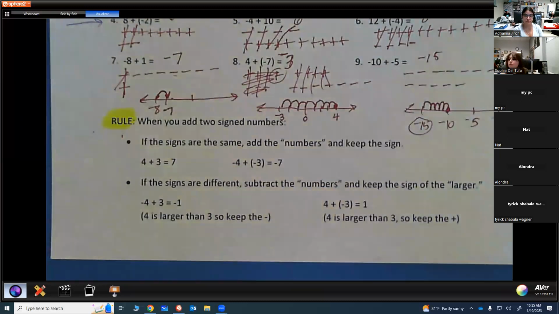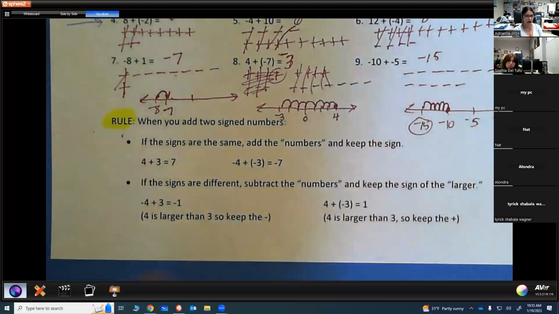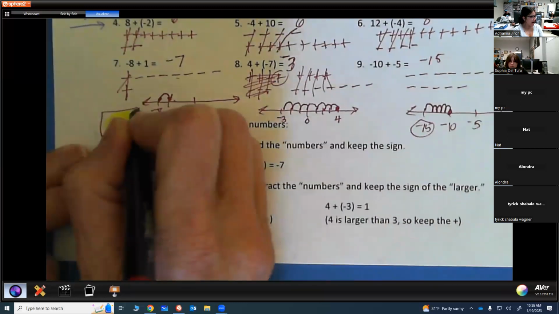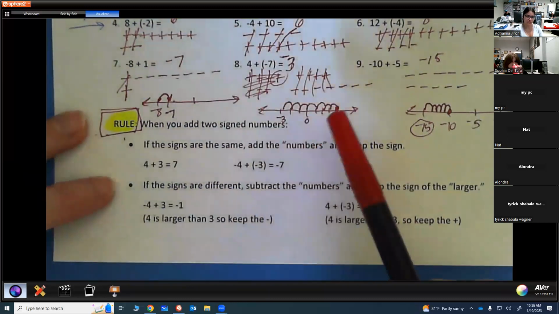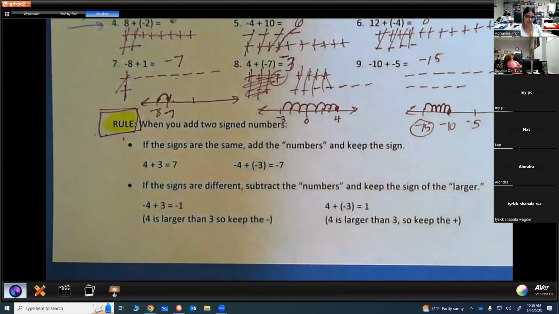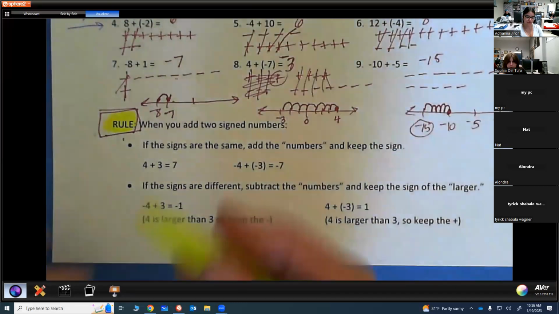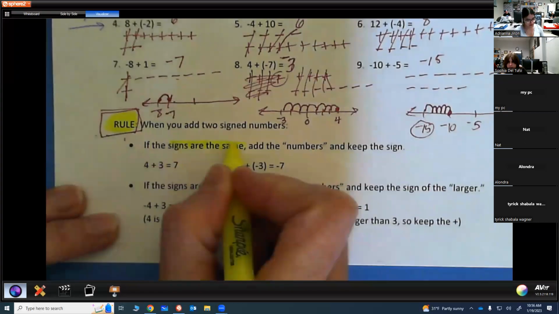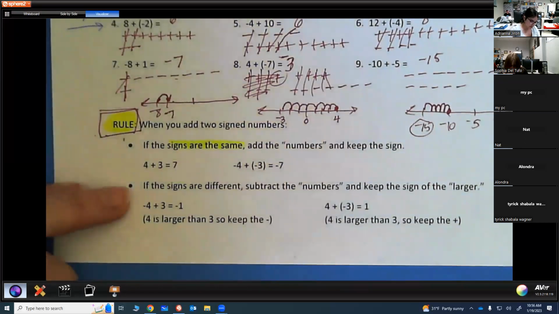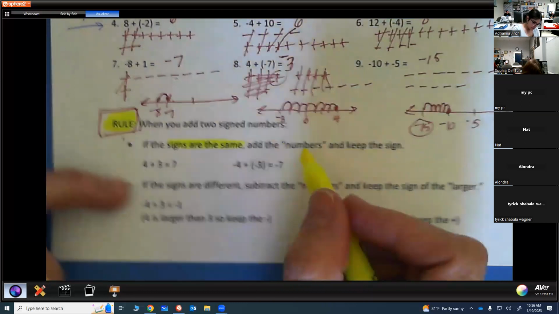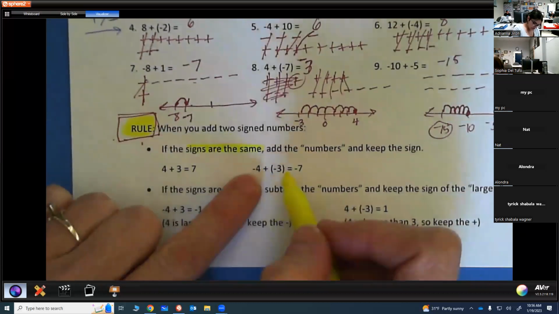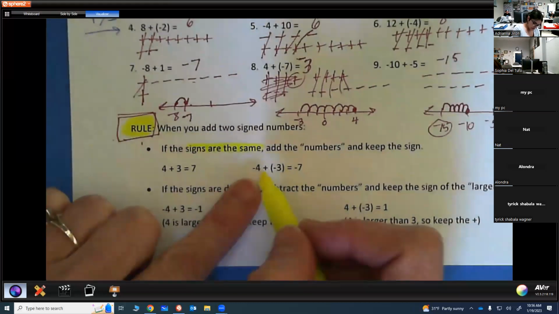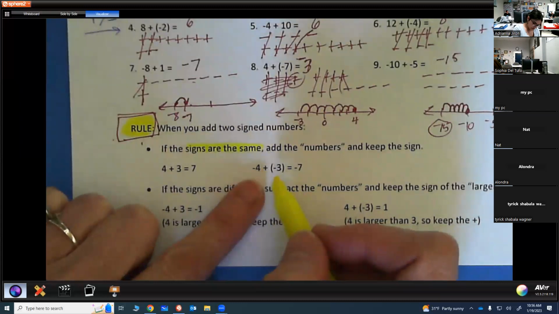So now we can talk about what's the rule. Okay, and this is just for adding. You may have started to notice this in the problems that we were doing, but if the signs are the same, meaning you have 2 positives or 2 negatives, all you do is add the numbers, and I put numbers in air quotes because when you have -4 and -3, I'm saying just add 4 plus 3, the numbers, to get 7, and then you keep the sign.